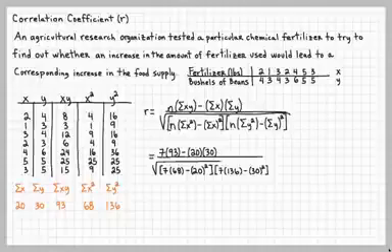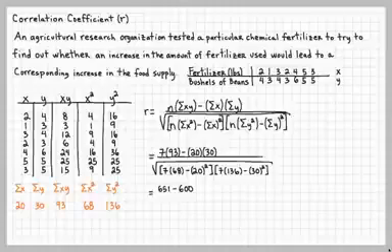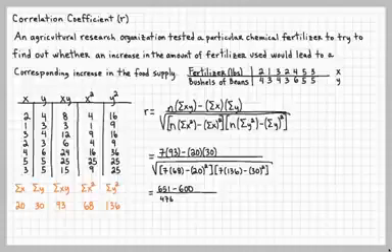Now, the next step is to start multiplying and simplifying this a little bit. So 7 times 93 is going to give you 651. Don't forget the subtraction. 20 times 30 is 600, divided by 7 times 68, which will give you 476.